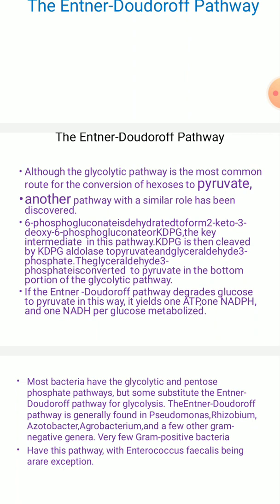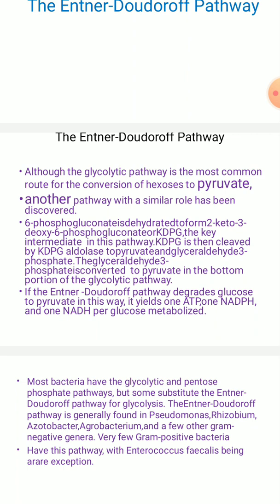So what is going to happen in this pathway especially? I will tell you the overall aspect of the ED pathway. 6-phosphogluconate acts as a precursor here. It first undergoes a dehydration reaction to form 2-keto-3-deoxy-6-phosphogluconate, also called KDPG.